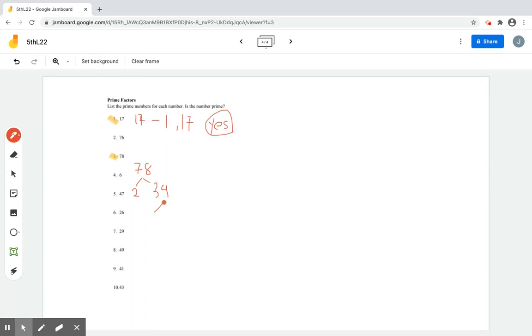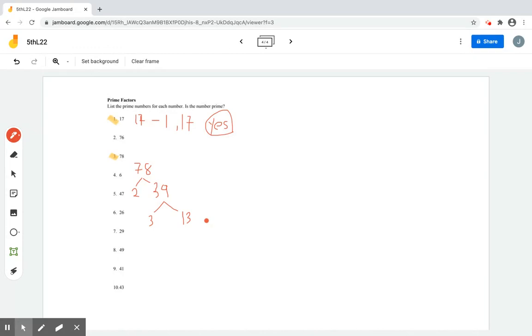Okay. And then 39 is not a prime number. So we go again, and 2 doesn't go into 39, and 3 goes into 39. So we're going to write 3 here, and then we get 13.